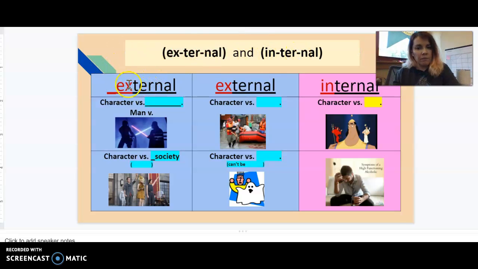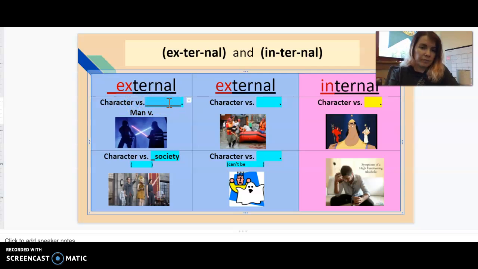So the first column of external conflicts that might happen in a story is called character versus character. So, go ahead, I want to keep that highlighted.